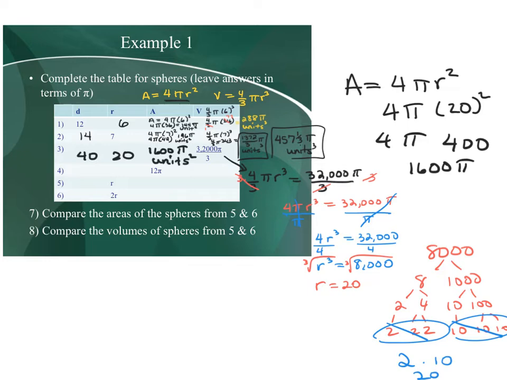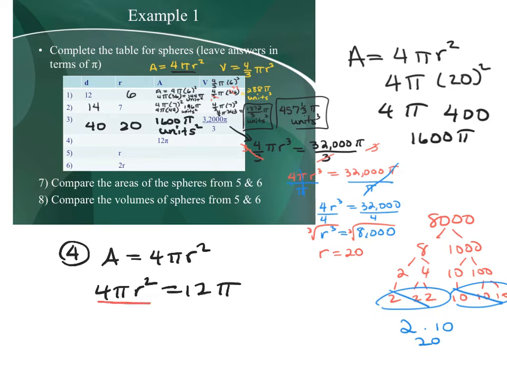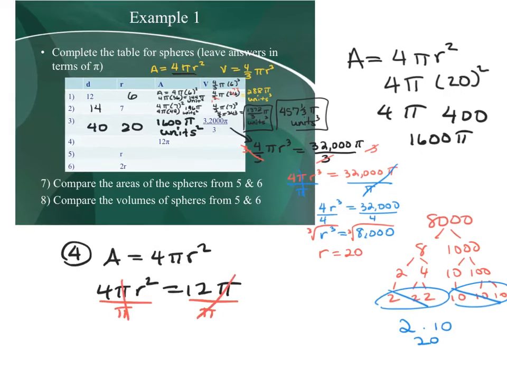Same thing's going to happen on number 4. So let me go ahead and do the work down here. So they gave us the area. And again, remember, it's 4 pi r squared. So I'm going to do 4 pi r squared equals the 12 pi. And now I need to try to solve for r. First thing I'm going to do is divide by pi. They both cancel.